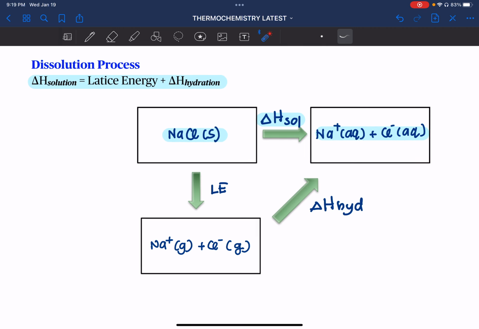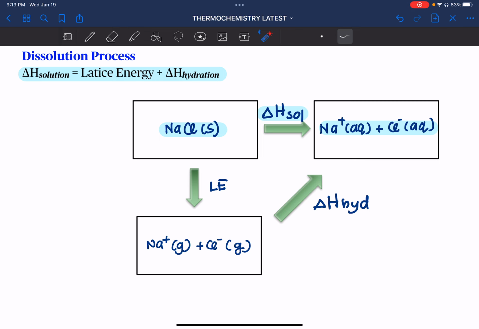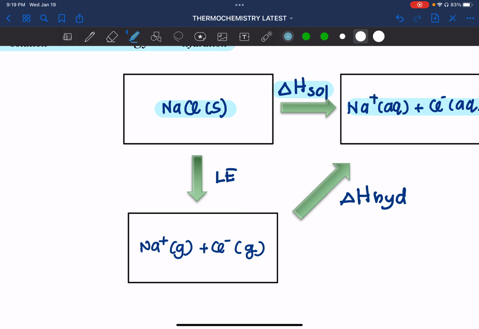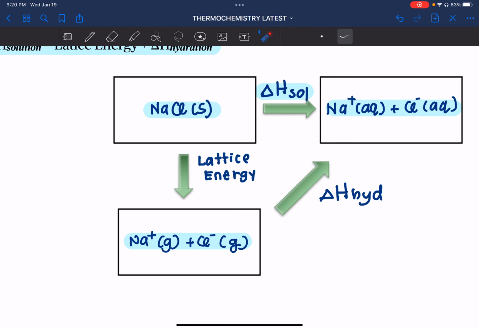So next. If the substance changes into gaseous ion, so this is what we call lattice energy. Lattice energy adalah proses di mana substance turns into gaseous ion.